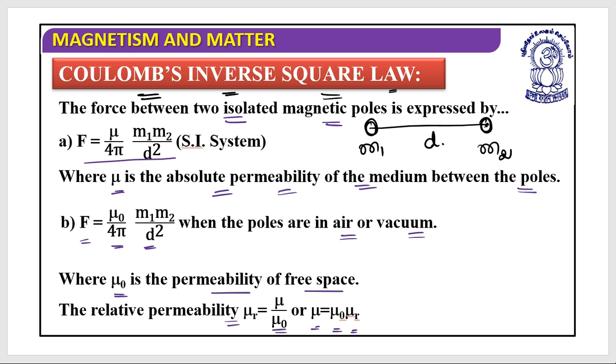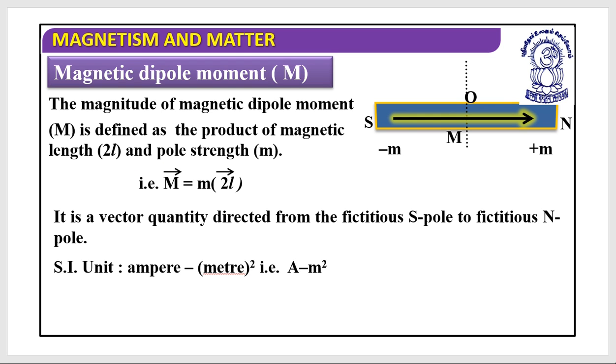Great. So let's now discuss certain things about the magnetic dipole moment that we denote as M. The magnitude of magnetic dipole moment is defined as the product of magnetic length and pole strength. Let's suppose this is the magnetic length.